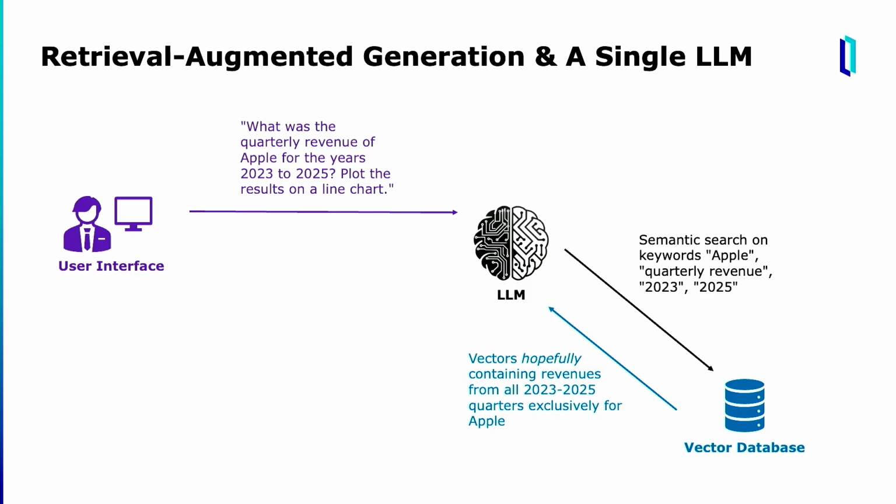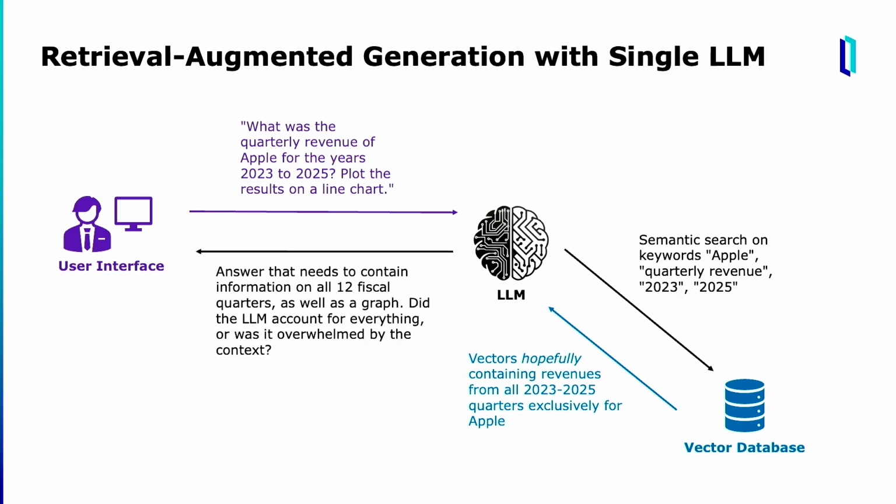And we're hoping that in this one shot, it applies the keywords, performs the semantic similarity search, and gets all of the necessary vectors back from the database. So just to keep in mind, that's all vectors related to revenue, all vectors related to Apple, and it needs to hit for all 12 fiscal quarters between 2023 and 2025.